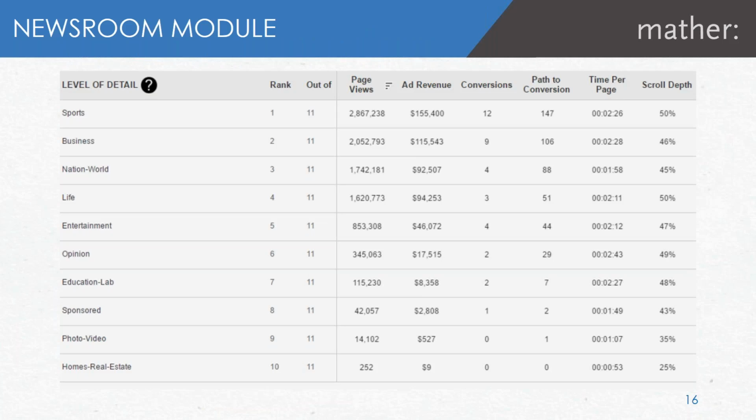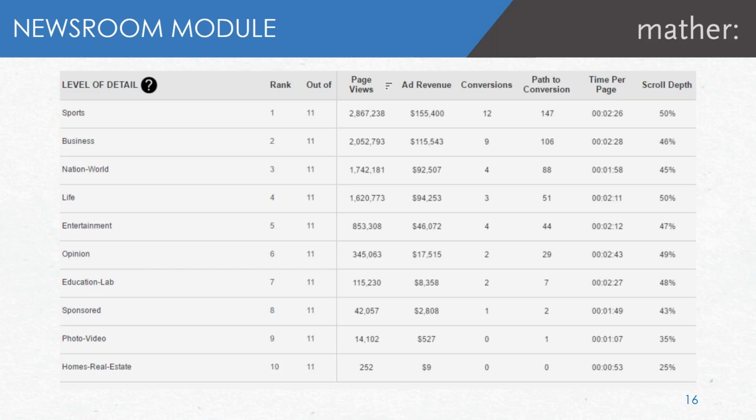And lastly, for the newsroom or the content side, it's essentially finding a way to educate or inform the editorial folks of how they can optimize their content creation to meet the goals of audience or advertising. An example here, we can actually show you that sports content and the articles underneath sports generated, in this example, $150,000 in ad revenue.